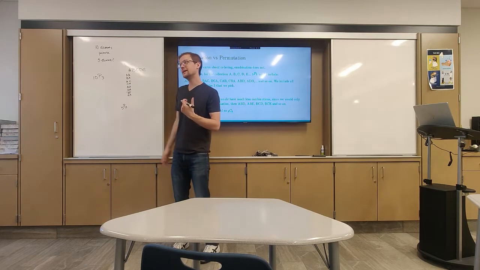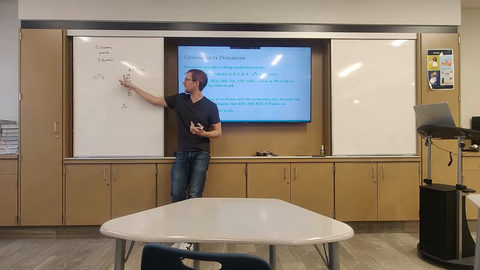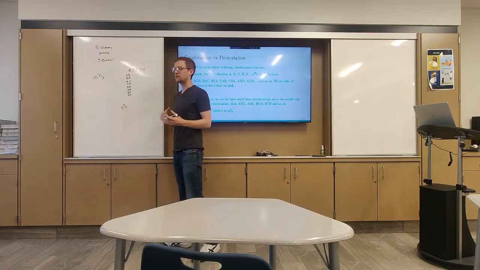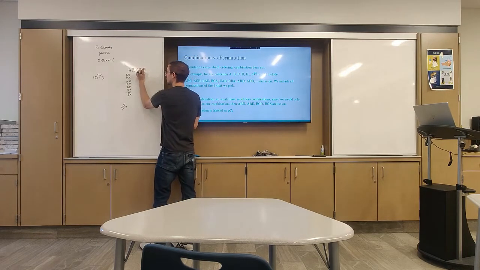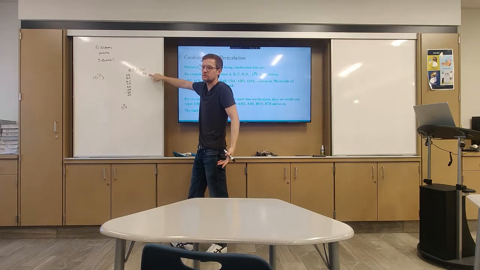Now, what if I didn't care about the order? What if I just have AB and BA? Well, it's just A and also B. What if I didn't want to count this twice? What if I only cared about the different combinations of letters that I can get out of these 5? So for example, I only want AB. I don't want BA because, since the order doesn't matter, BA is the same as AB.